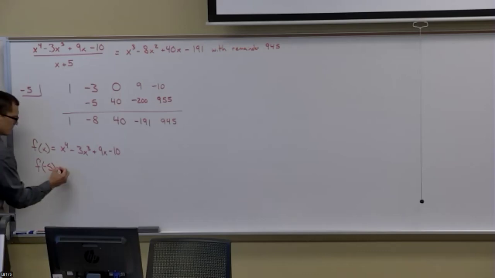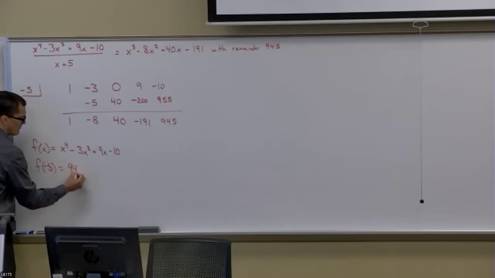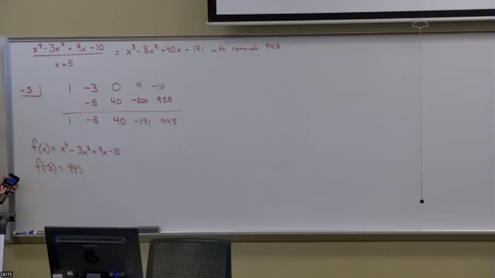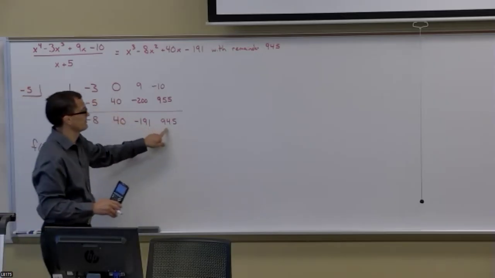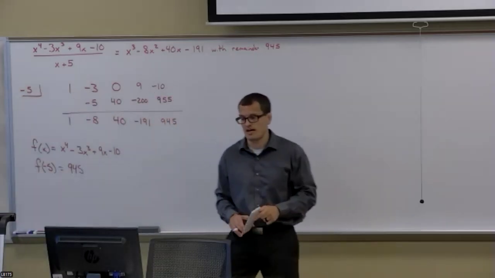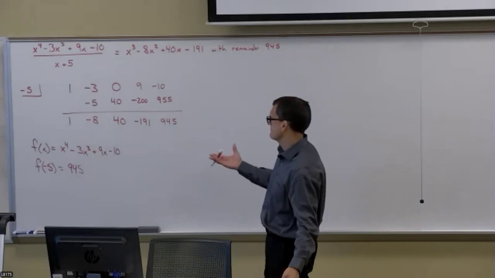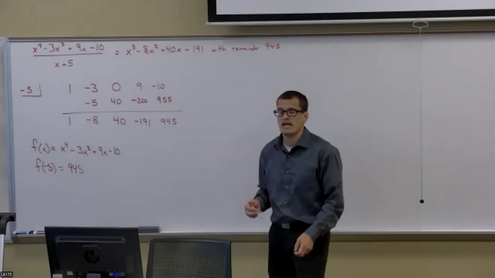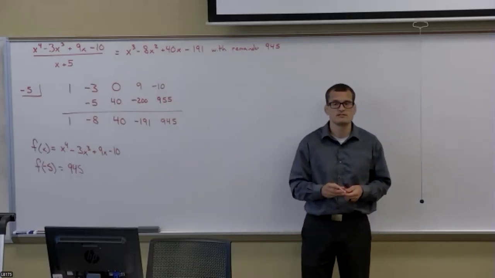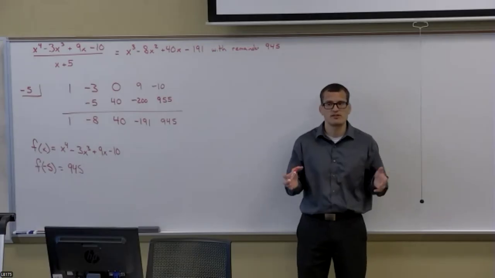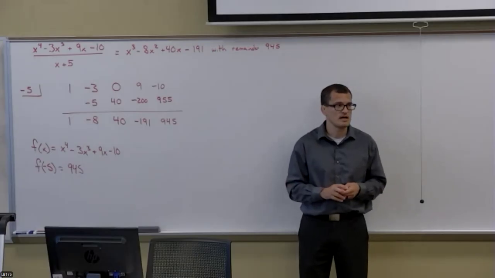And sure enough, I get a 945. That's a good check that you've done the division right. If you do synthetic division and your remainder comes out as 945, but you plug in -5 and you end up getting 13, you know something's off. One of those two has to be off.